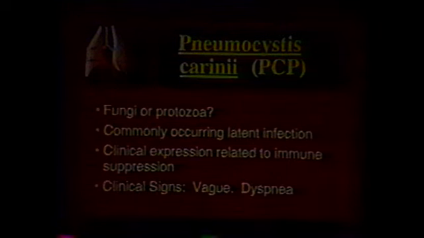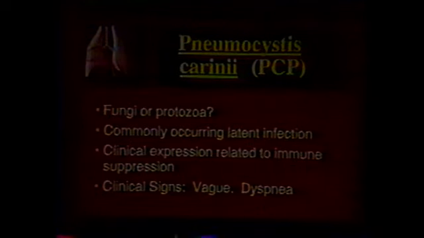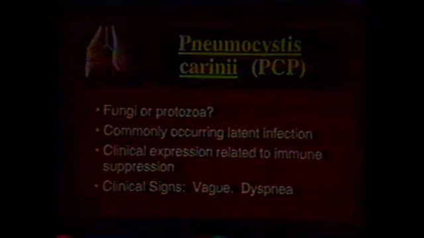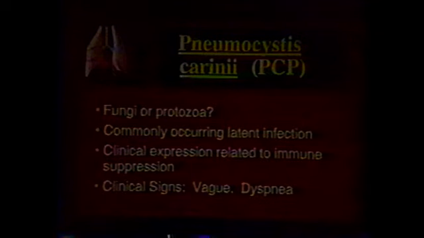I think the people looking at RNA analysis and RNA homologies believe that this organism now falls out more with the fungi than with the protozoa. There's lots about the reproductive aspects and the life cycle that mimic a protozoal parasite.